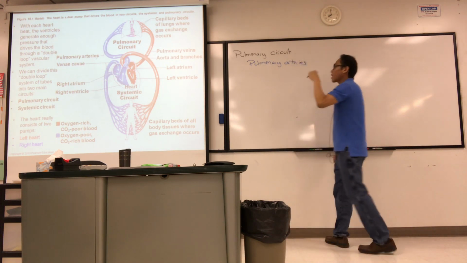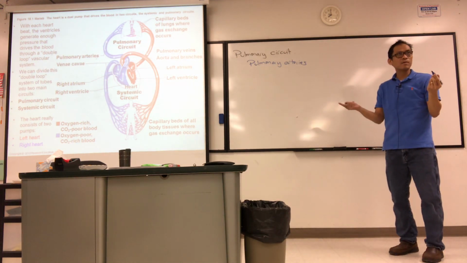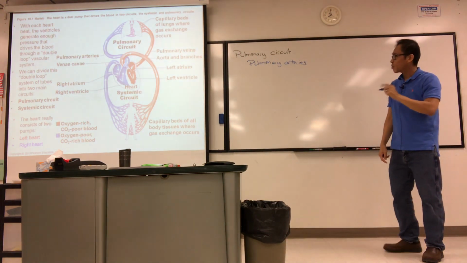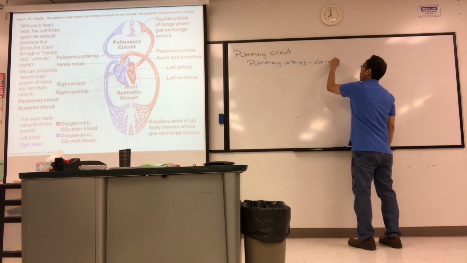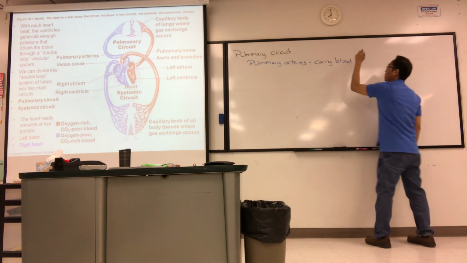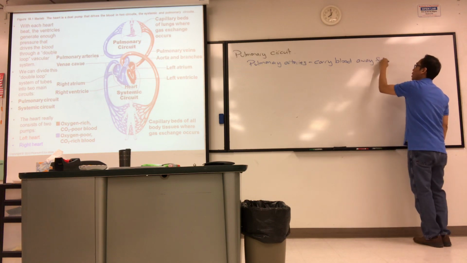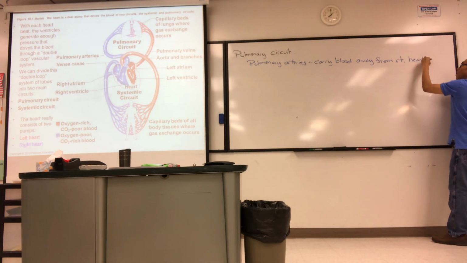I'm using blue, so I'm not going to write deoxygenated blood because that's what blue means in this figure. So if you need to write it because you don't have blue, write it in your notes. Pulmonary arteries, blood away from right heart to lungs.